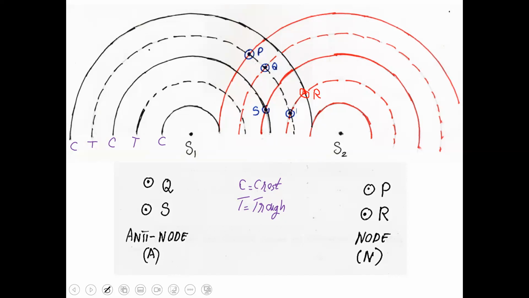Now, when waves are moving successively, why is there a node at point P?